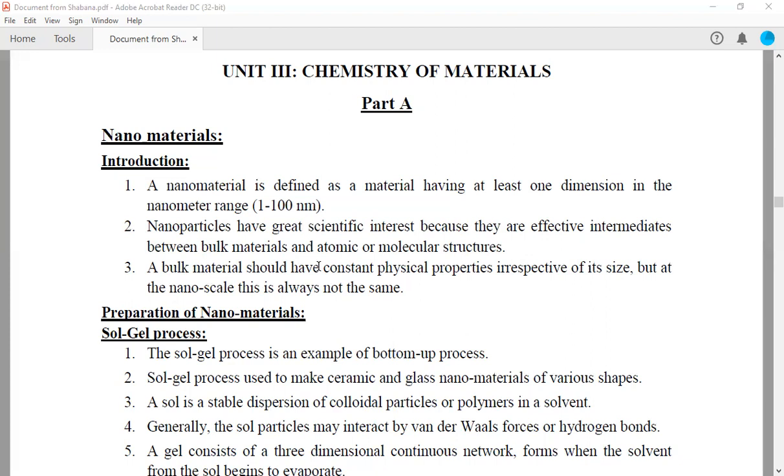A nanoparticle is defined as a small object that behaves as a whole unit in terms of its transport and properties, and exhibits a number of special properties related to the bulk material.